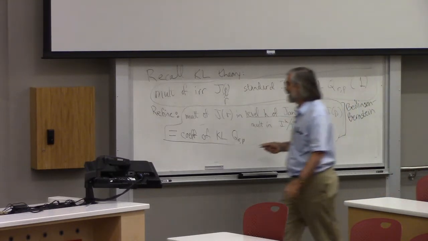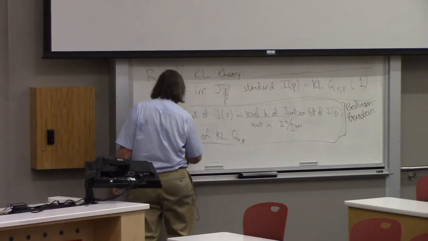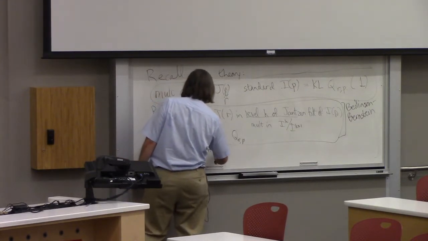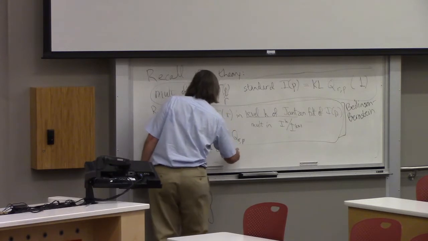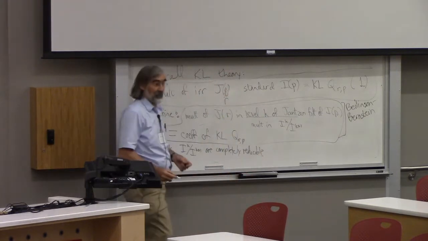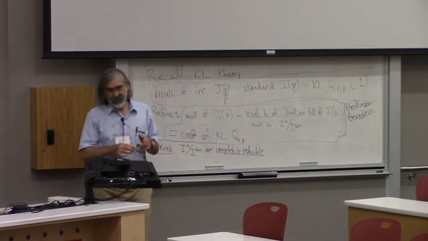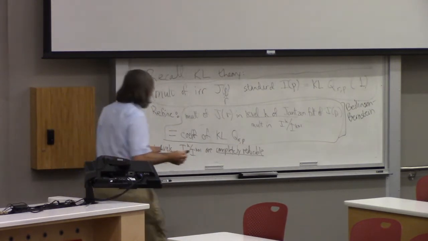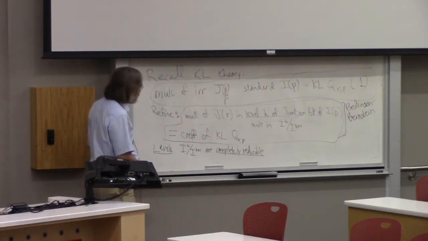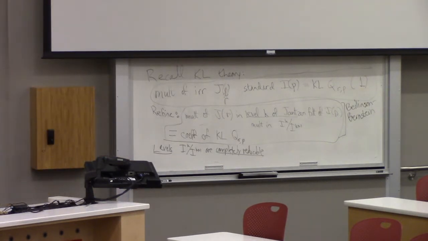The last comment is that these levels, ik over ik plus 1, are completely reducible. They might certainly be zero, absolutely. The standard modules are certainly not completely reducible, but the GUR, they are.